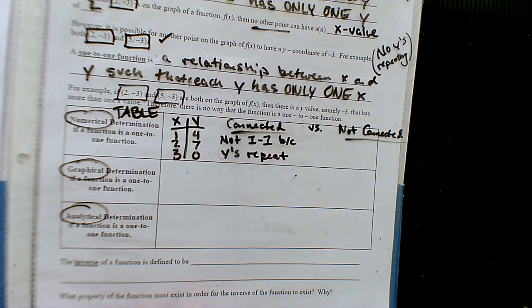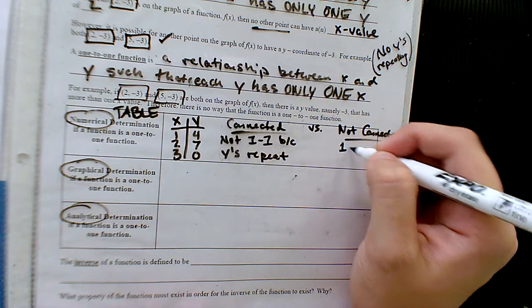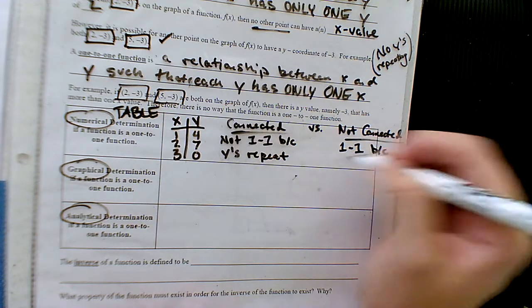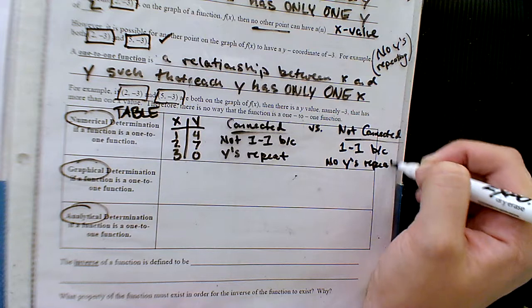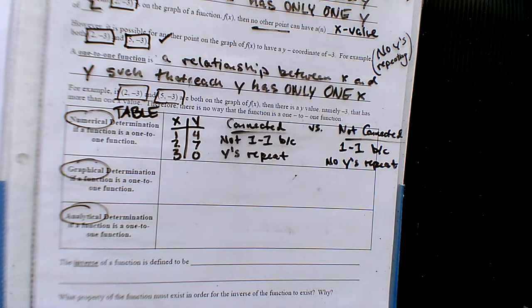However, if the dots were not connected, it was one-to-one because no y's repeat. It's a very tricky analysis. Somehow you have to know whether they connect or not.